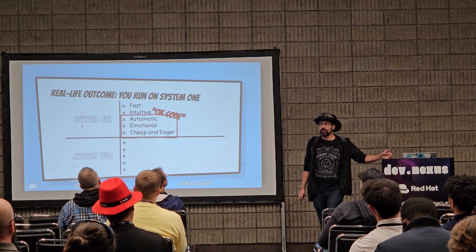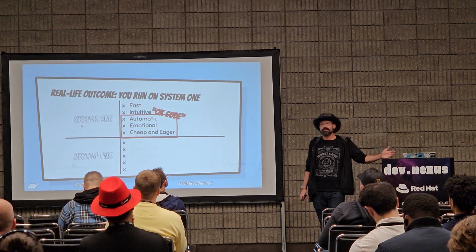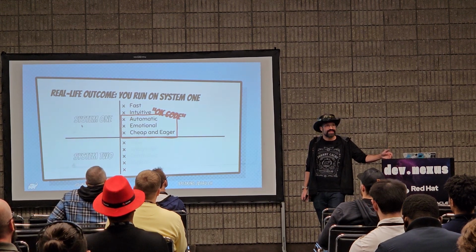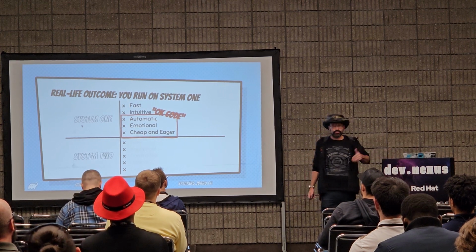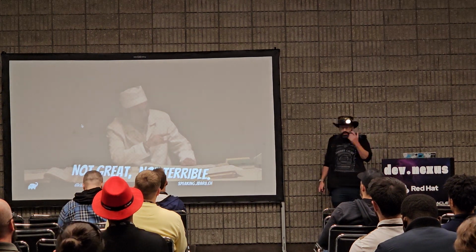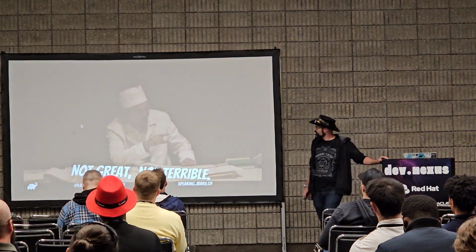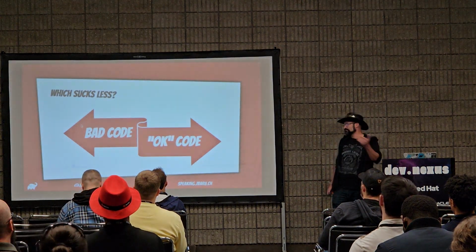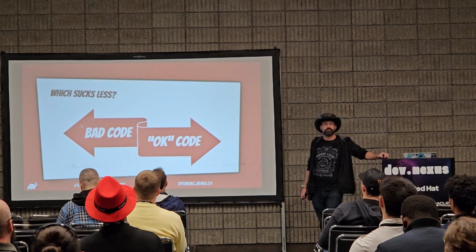We still know how to do our programming tasks, even when we are tired. It just won't be the best code that you produce. Now, the problem is that you don't realize it, exactly like judges. The code will be not terrible, but definitely not great. And the problem is that, well, you know what, I'll ask you. Which sucks less, bad code or OK code?